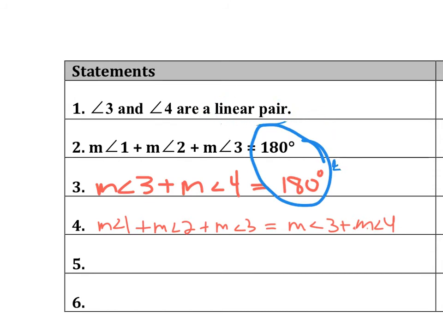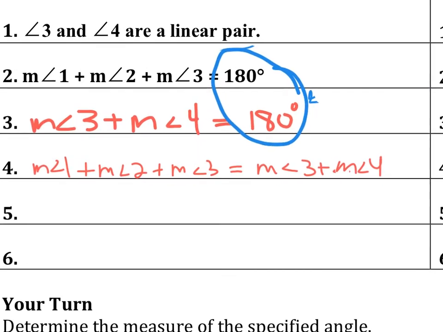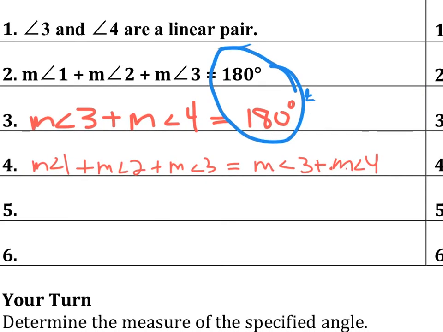And so at the end here, we see this equation, and we should recognize that angle 3 is on both sides of the equal sign, so we can subtract it. And if we do that, we're left with just the measure of angle 1 plus the measure of angle 2 equals the measure of angle 4.